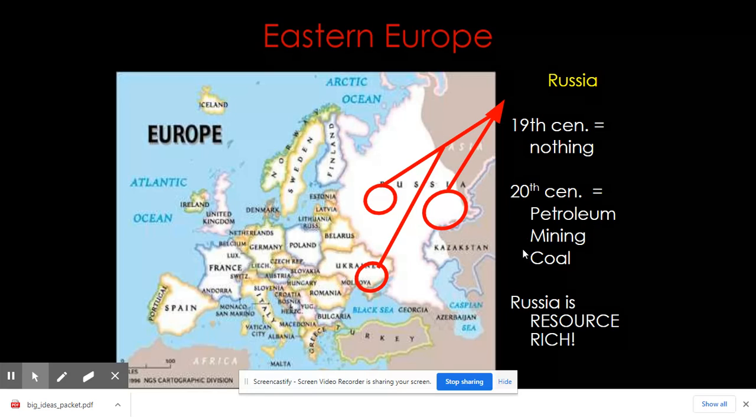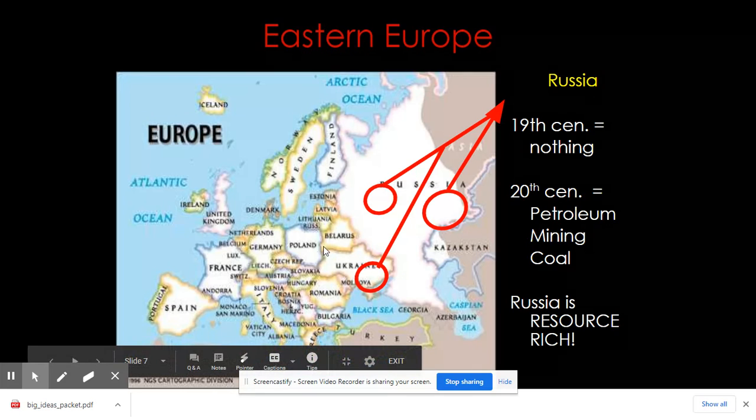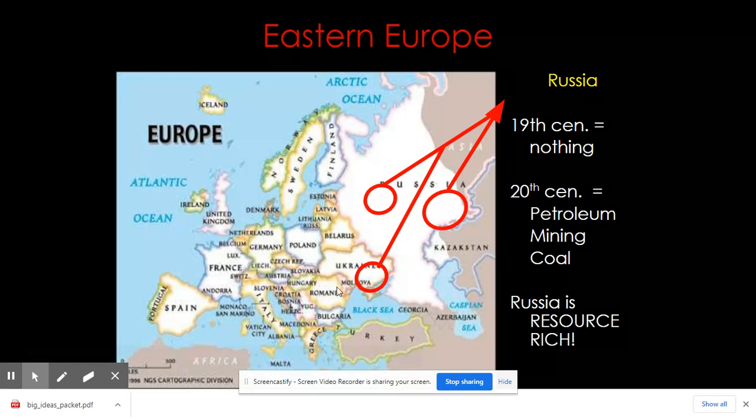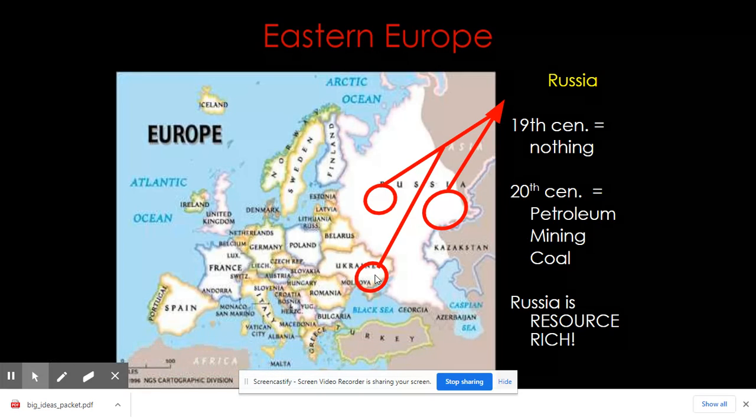And they are now known for exploiting the resources here of petroleum, mining, coal. And that actually is creating a lot of conflict here in Ukraine right now because the natural gas, Ukraine is trying to control those markets, but Russia still wants to control those markets, so is controlling Ukraine's political affairs, even though they're an autonomous nation.